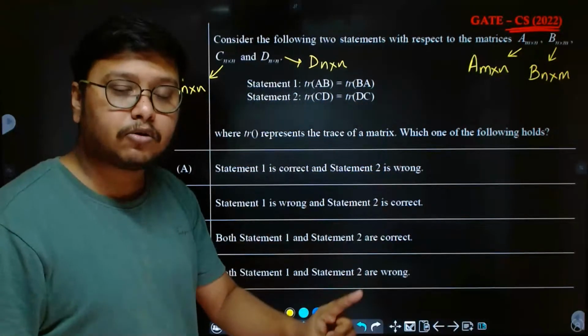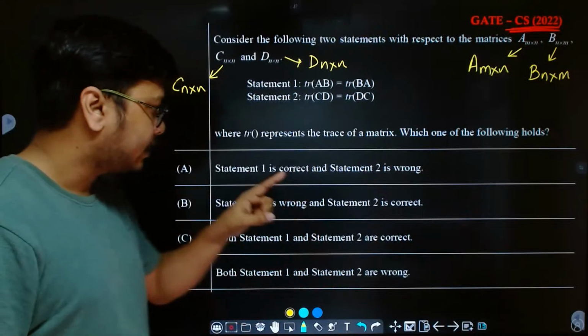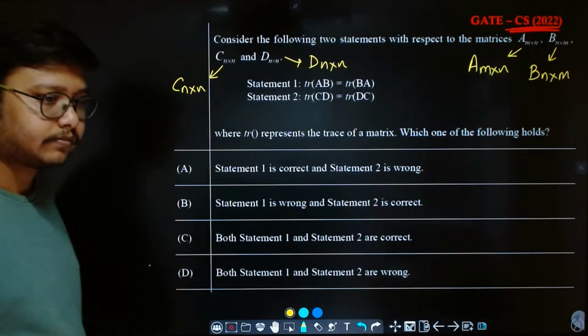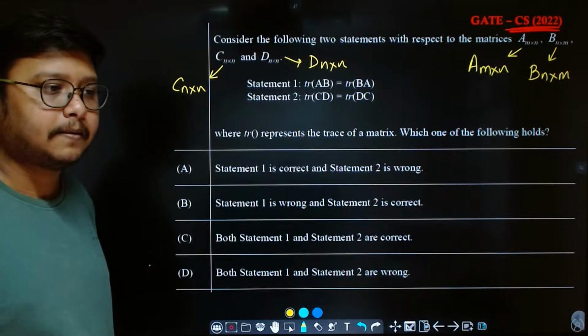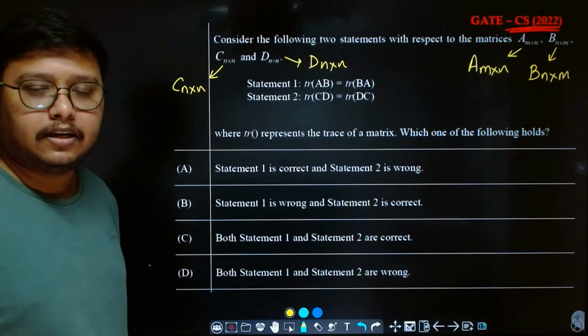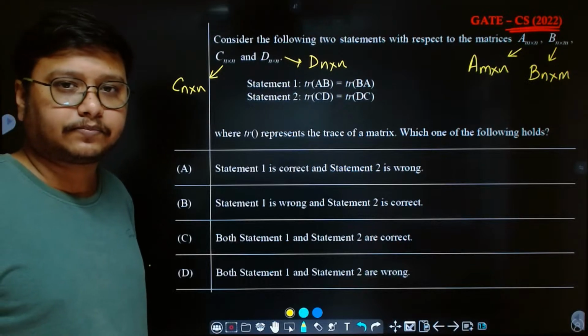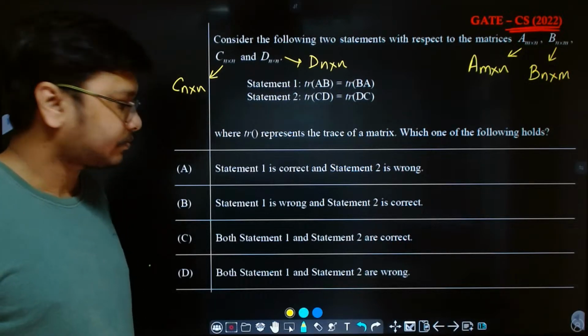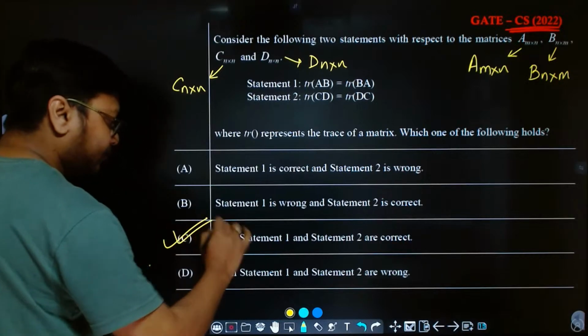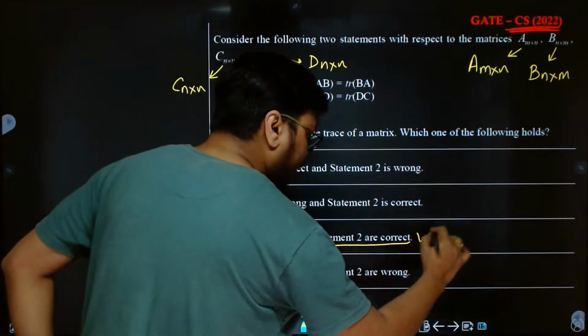I have just now taught you the property of trace. Tell me what is the correct answer. Come on, this should be a 5-second answer. Correct. Option C. Both statement 1 and 2 are correct.